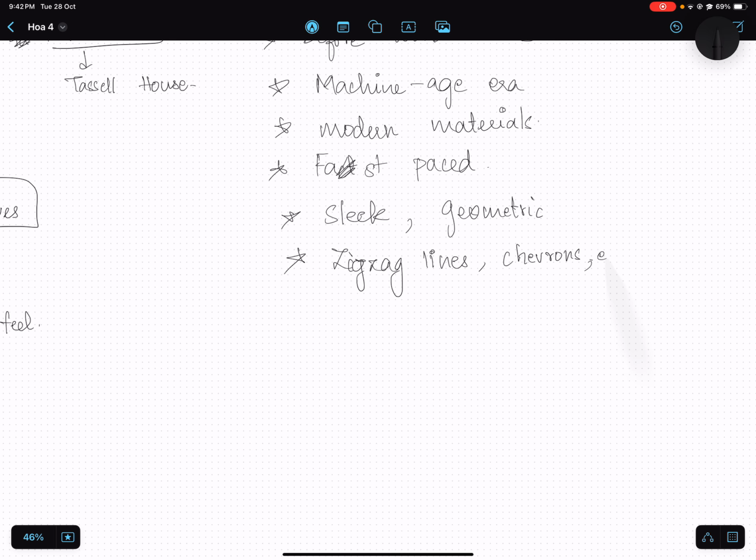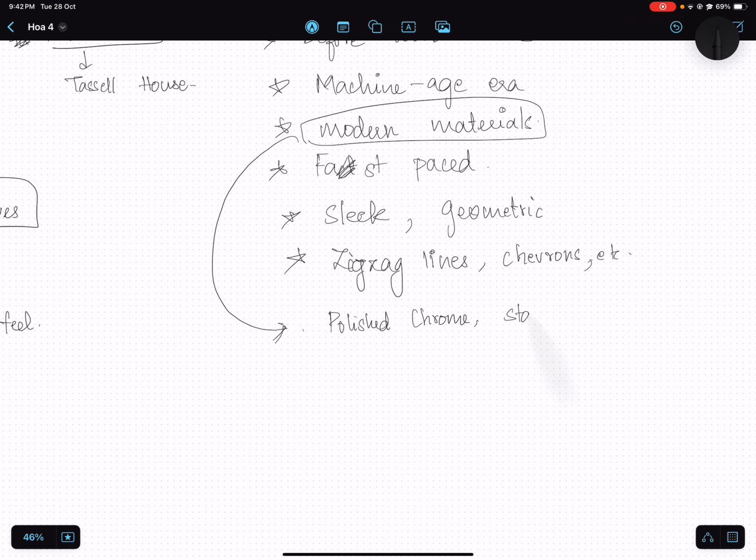etc. If you look at the materials, mostly they used polished chrome, stainless steel, lacquers, and they used bold and contrasting colors.